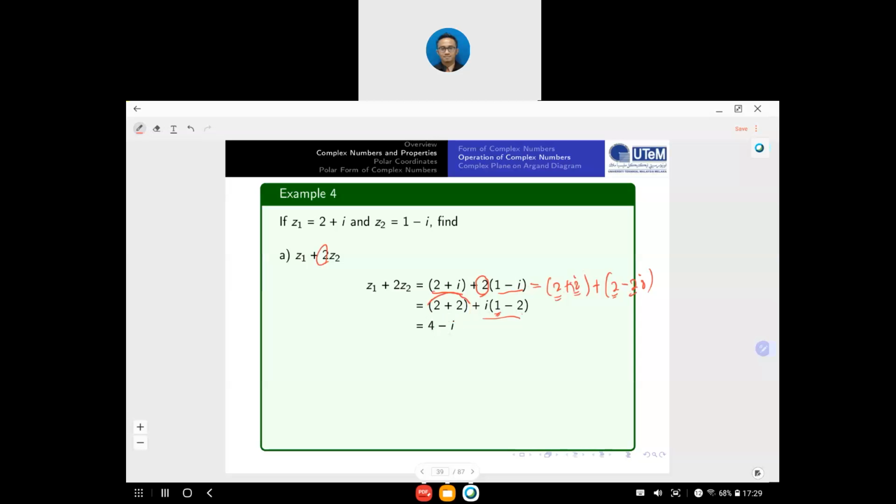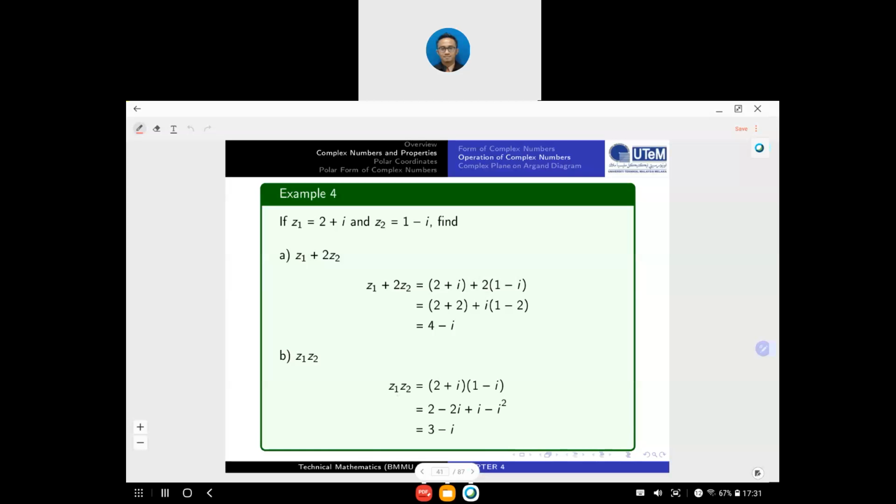Also the same thing for subtraction. The real part must be solved with the real part. So in this case, a minus c, plus, and then the imaginary part solved with the imaginary part, b minus d. So that's why we get b minus d and i, because this one is the imaginary part.